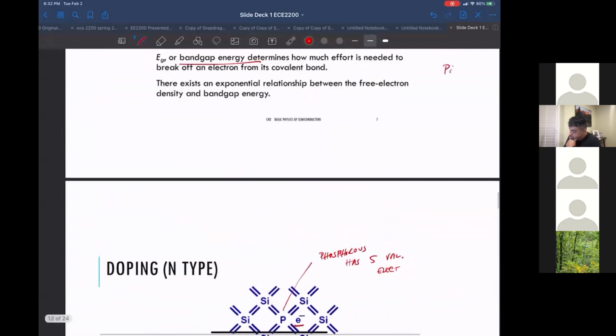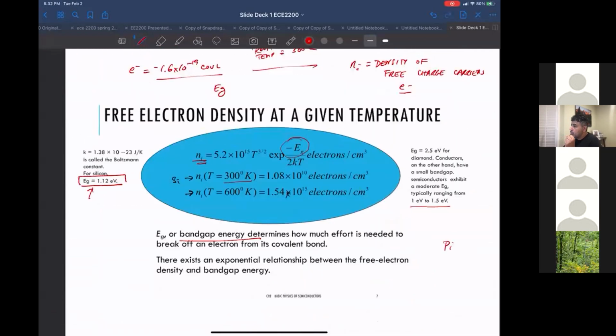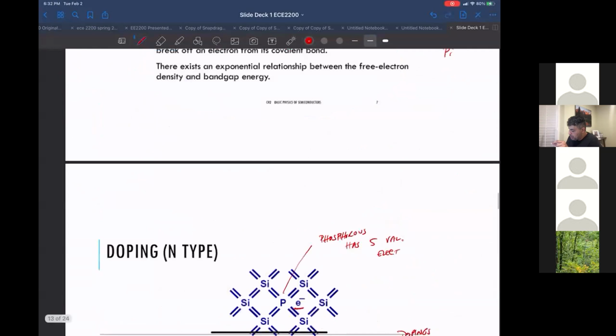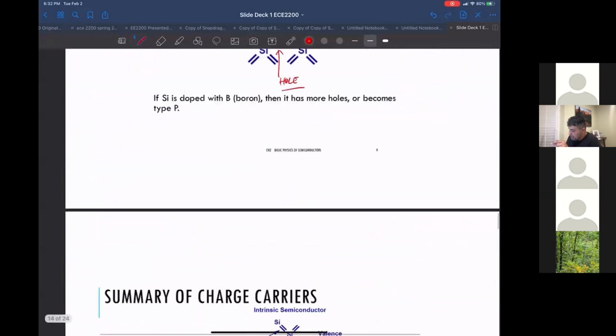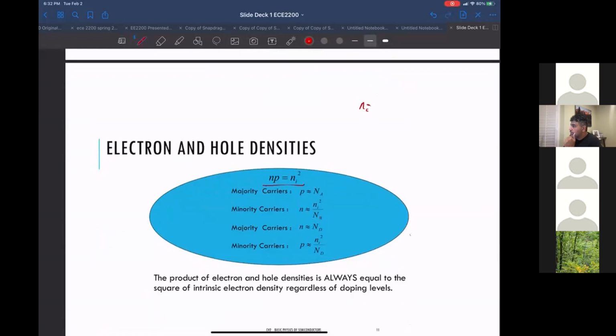This is the electron density without any dopants added to the material. So basically the equation is that in any semiconductor, if you multiply the number of electrons by the number of holes, it is equal to the intrinsic density of electrons squared.